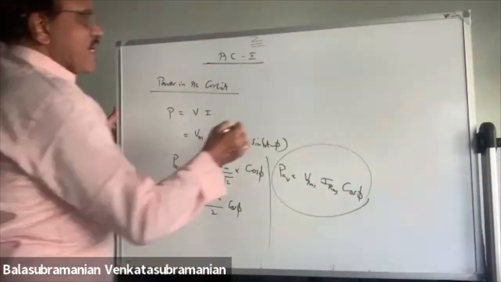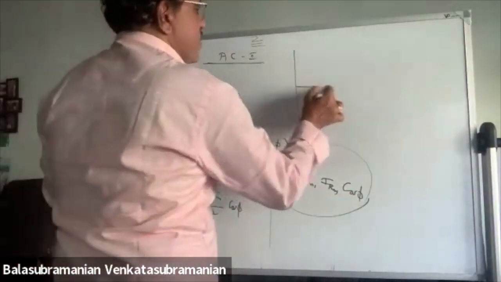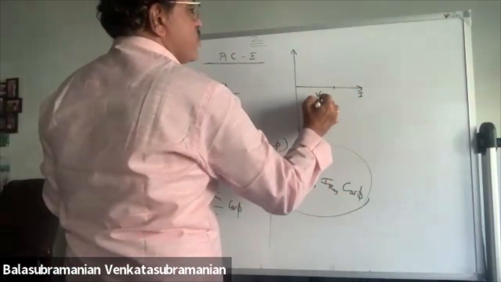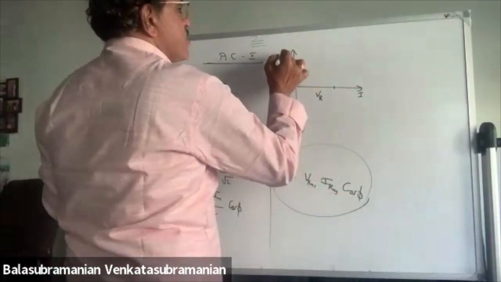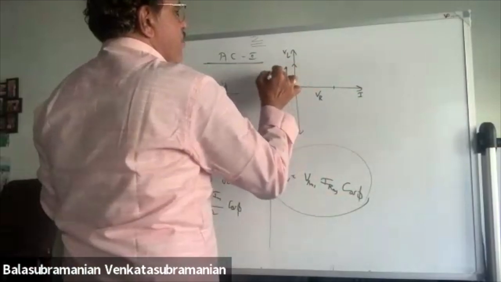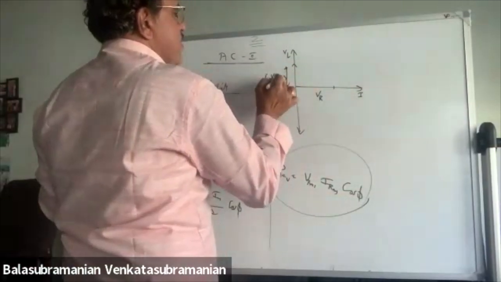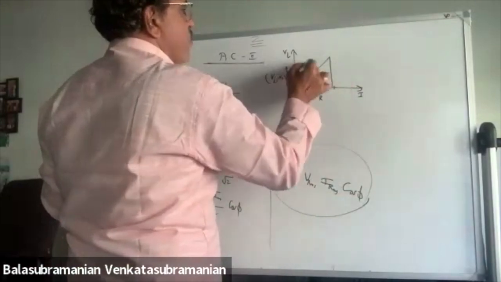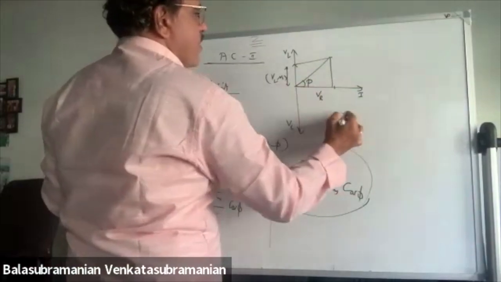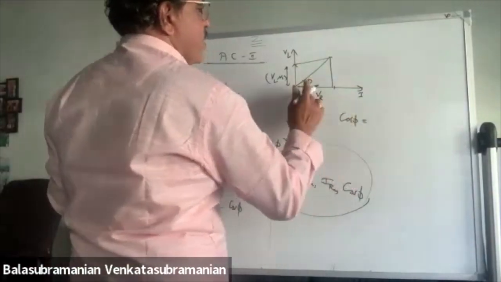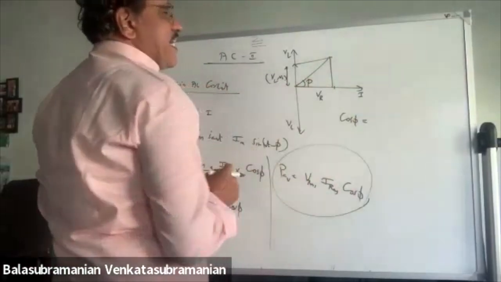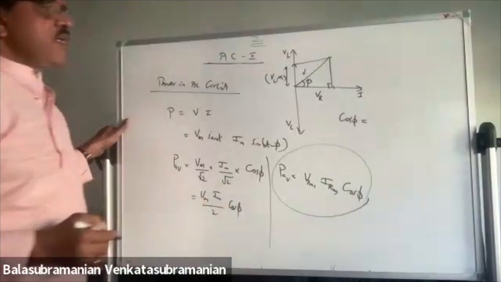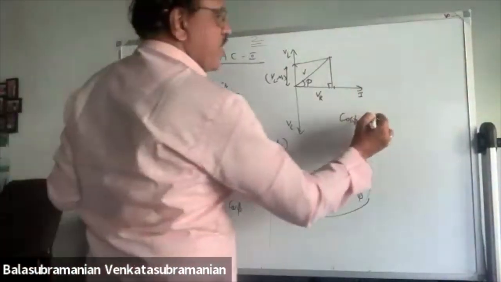We have drawn one graph here. Previously in RLC, we have drawn a graph. This is VR. This is VL. VL minus VC. When you calculate cos phi here, it is adjacent side by hypotenuse. Adjacent side is VR.